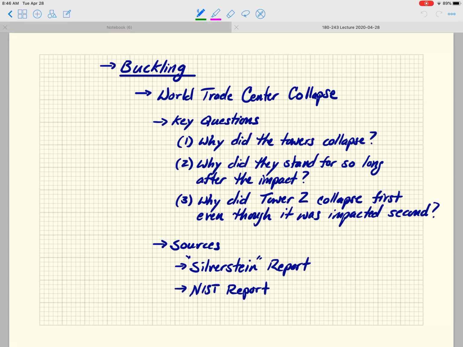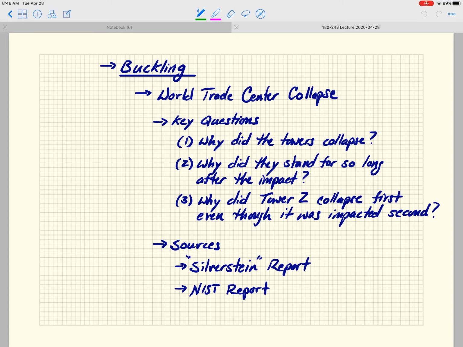But pretty much everybody else had gotten out of those buildings, except for obviously the folks above where the planes hit. The reason that they stood for so long is because the heating of the fire and the sagging of the floor systems played a really important role, right? And so it took some time for that to heat up.